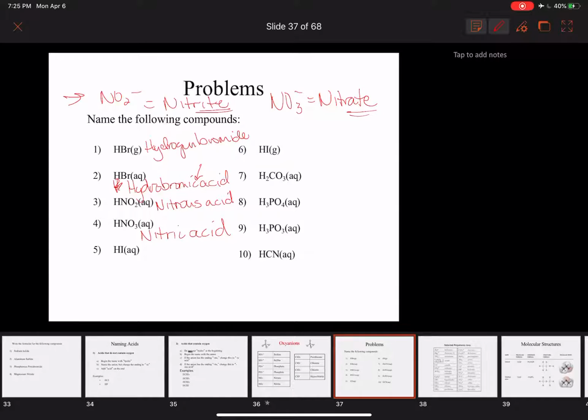Okay, number 5, we have HI. It looks like an acid, and it has AQ in parentheses, so it's behaving as an acid, so we're going to name it as an acid. Then we have to pick which group of rules we choose for naming this acid, and it has no oxygen. If it does not have an oxygen, we start the name with hydro.